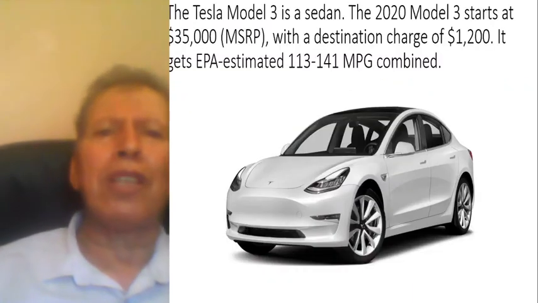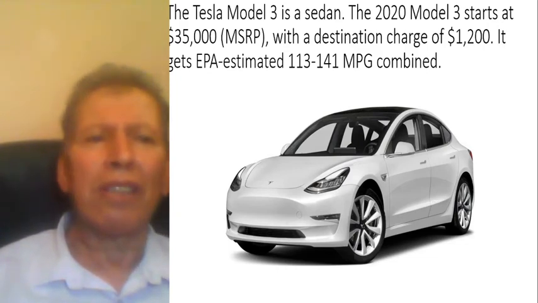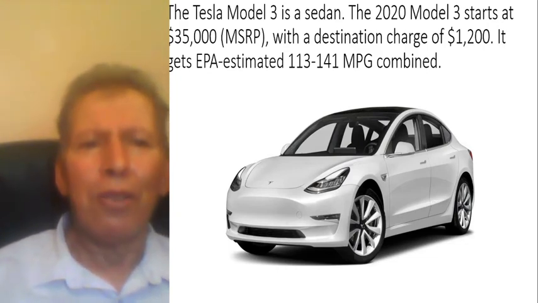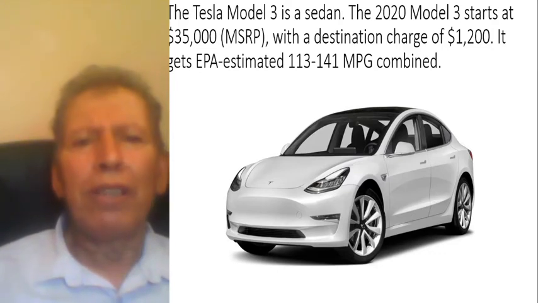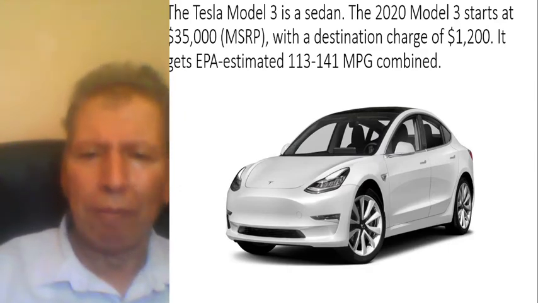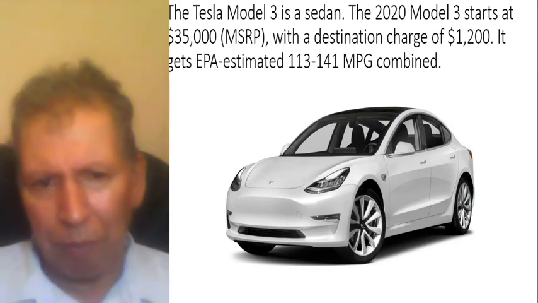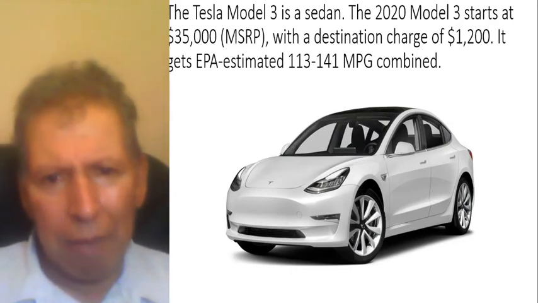The Tesla Model 3 is a sedan. The 2020 Model 3 starts at $35,000 with a destination charge of $1,200. It gets EPA estimated at, as we said. As you can see, the shape is aerodynamic.